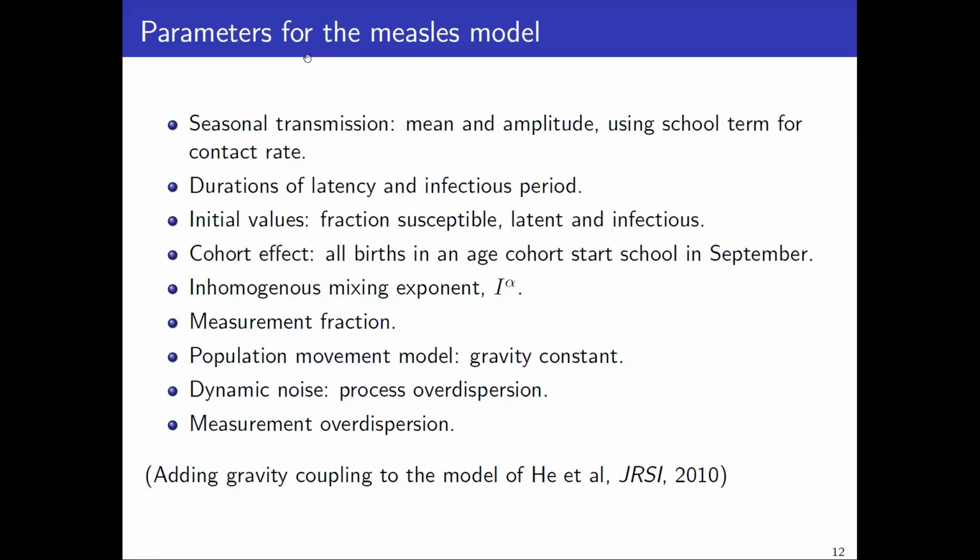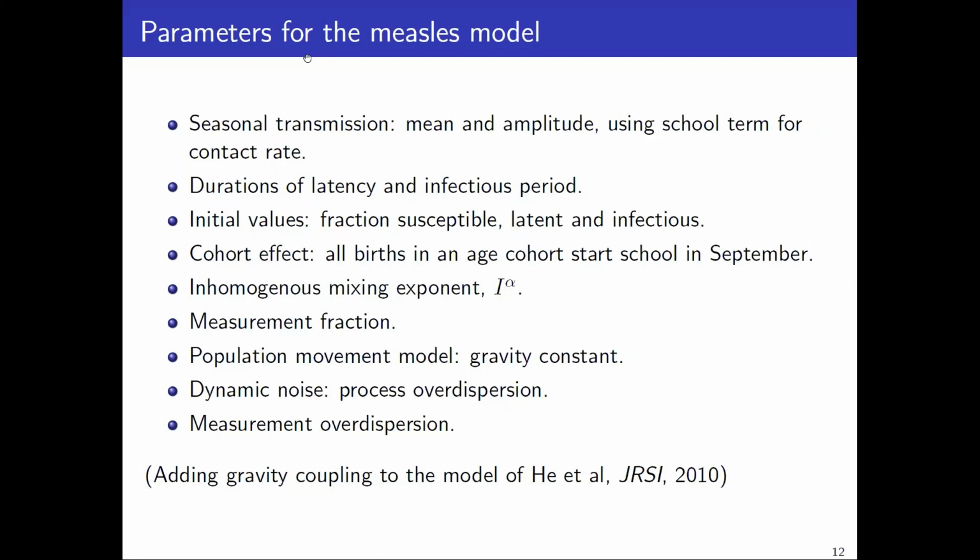Including overdispersion turns out to be very important in these models if you want them to fit the data. If you just write the simple Markov chain models, then you get these Poisson-like models where the variance is proportional to the mean, and you do a whole lot better if you allow overdispersion.